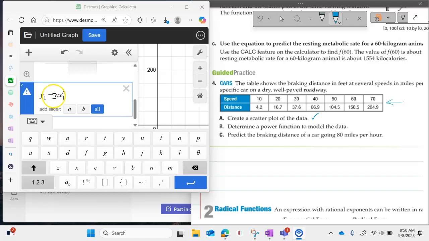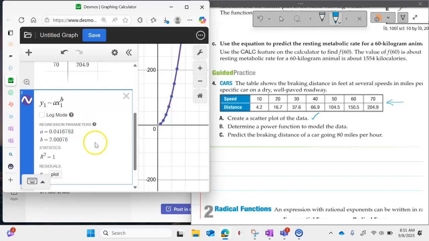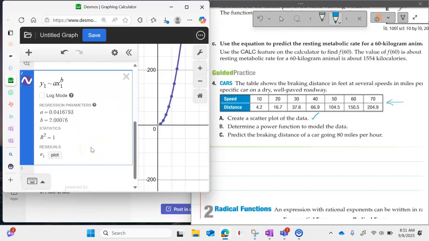We can get close though. So the last thing we need to do here, instead of it being an equal sign, we need to actually change this to an approximation. So we're going to take that back and change it to approximate. The way I did that, I pressed Shift and the button on my computer that was right next to the number 1, but I could have also pressed this button here. And now you can see it tells me my equation.